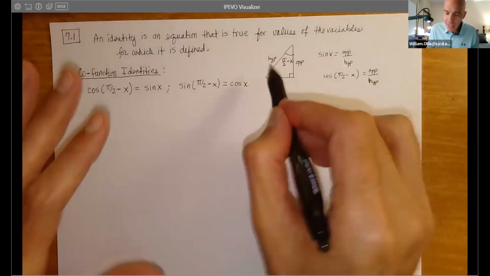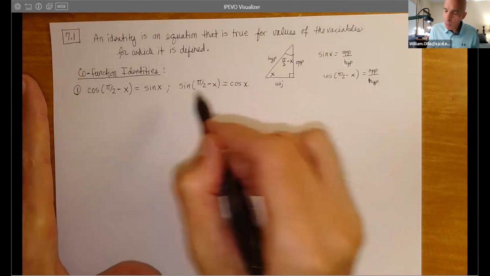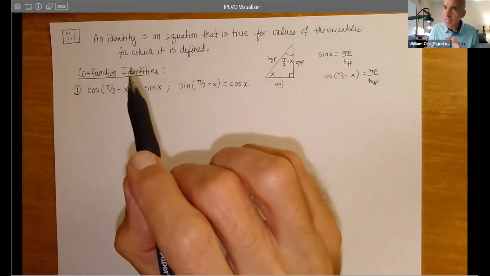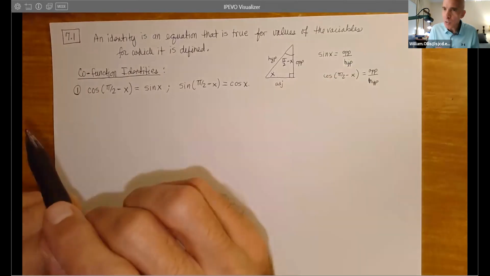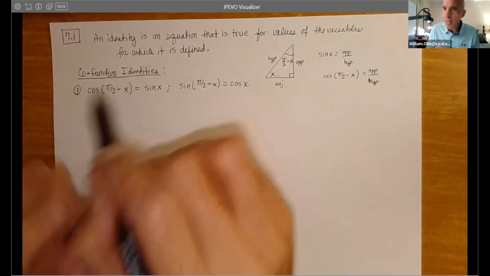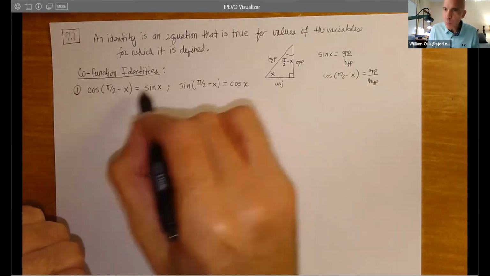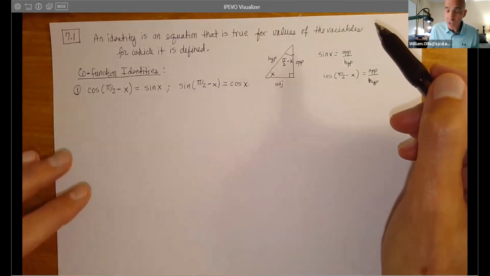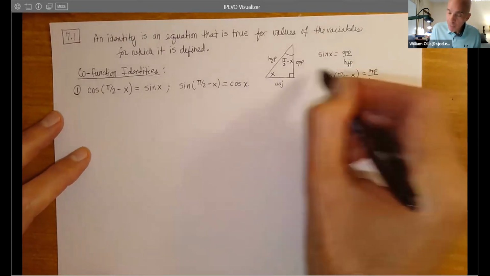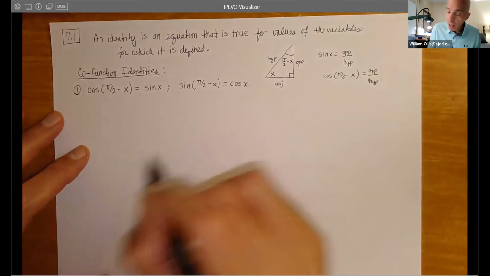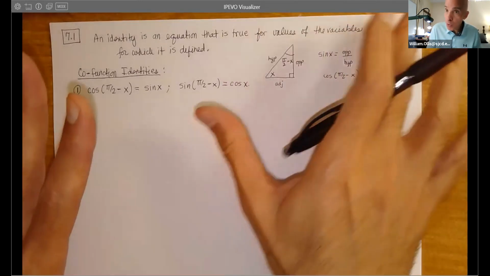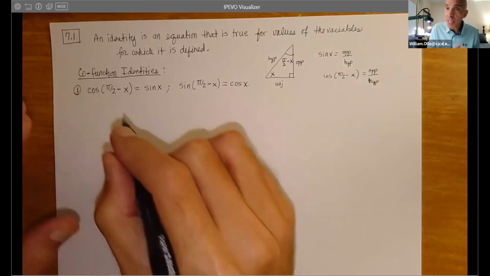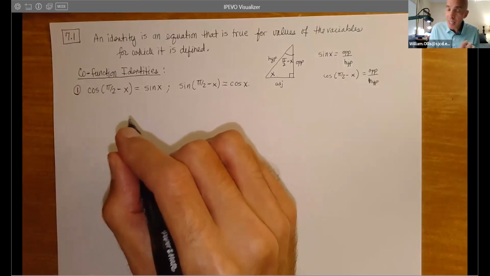So these we already really knew, but we didn't have the best way to get to them until we had this right triangle. Now when we have addition and subtraction formulas, these proofs will be even easier, but we don't have those yet. Those will come in the next section. So for right now, we have an easy way to basically prove these ideas. Now we can do the same for tangent, cotangent, and secant and cosecant.